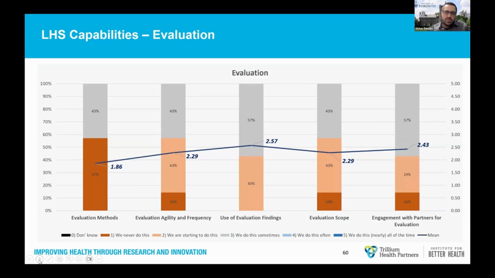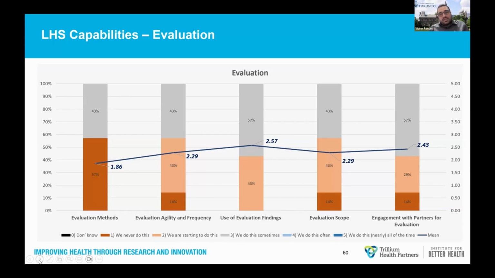Scope of evaluation, whether or not we are evaluating against the quadruple aim with an equity lens, and whether we're measuring all of these dimensions that we want to improve on. That's what that fourth bar is getting at. And again, engaging partners for evaluation. So there's opportunity for improvement across the board here with this sample.